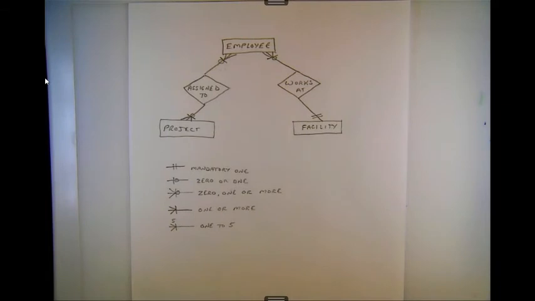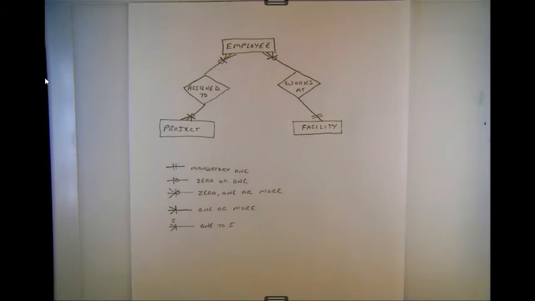Okay, what about a facility? A facility has how many? 0, 1 or more employees working at that facility. So what does that mean? It means I have facilities that have 0 people at it. I could have a facility that's a power facility or something that you don't have any people at.